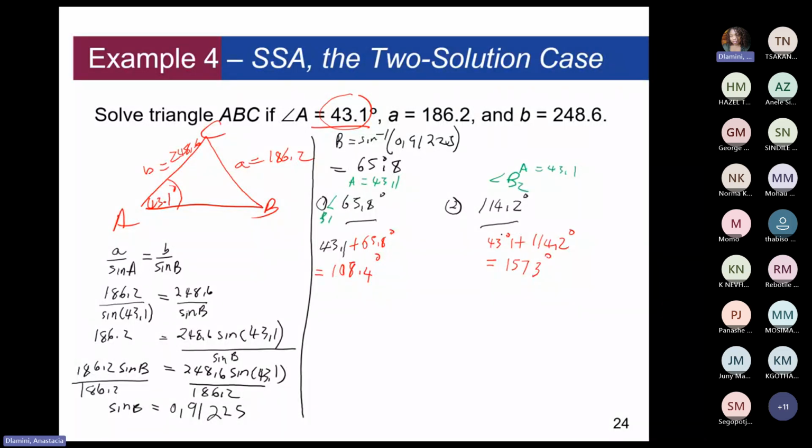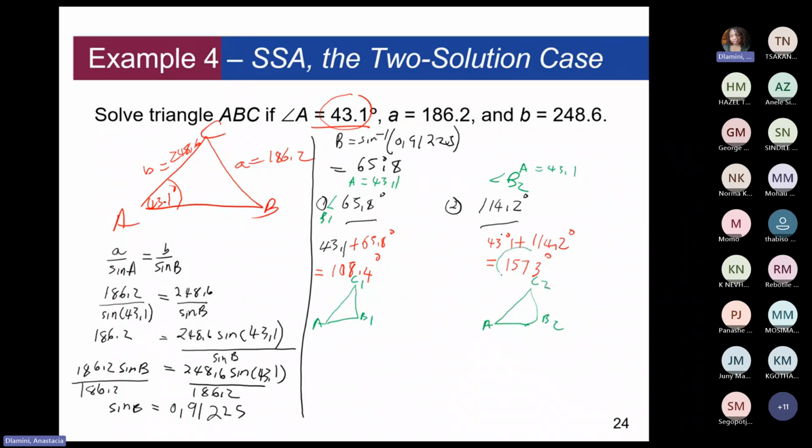So what you go and say, okay, fine. For angle B1, it will form a new triangle. So for this triangle, it will be like this. So there'll be A, B1, and C1. Now this one will form a new triangle like this: A, B2, and C2.